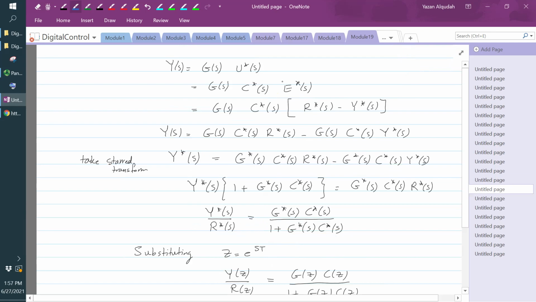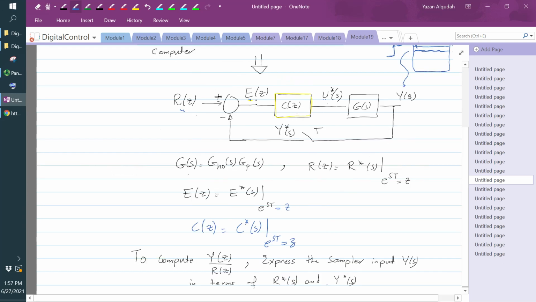So substituting for U star, we're going to have G of S multiplied by C star, but E star is equal to R star minus Y star.